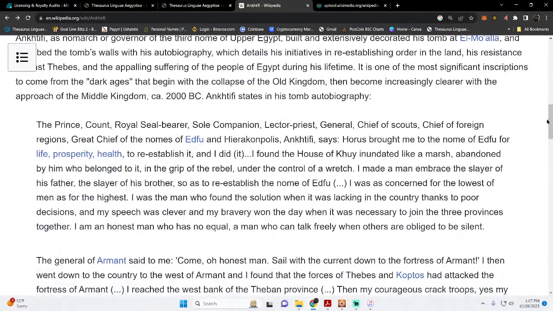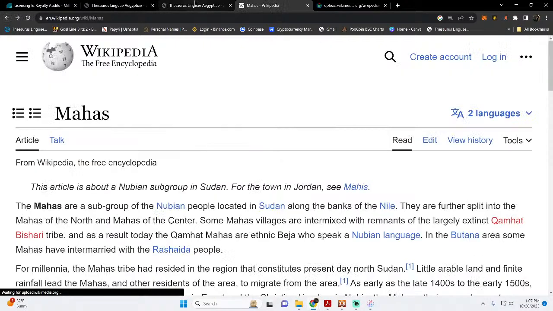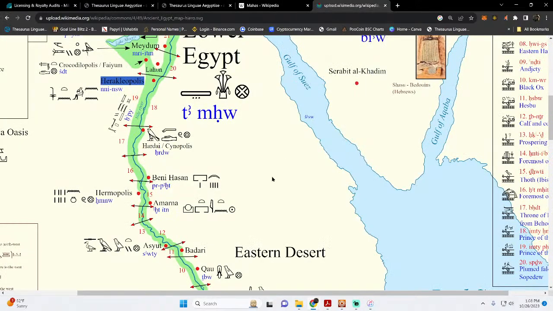So now we can see right here where he goes in and gives his tomb autobiography, saying what he did. Anybody could go in and read this, but I want to keep along the initial lines of what I was talking about, because I could go off on a big tangent.